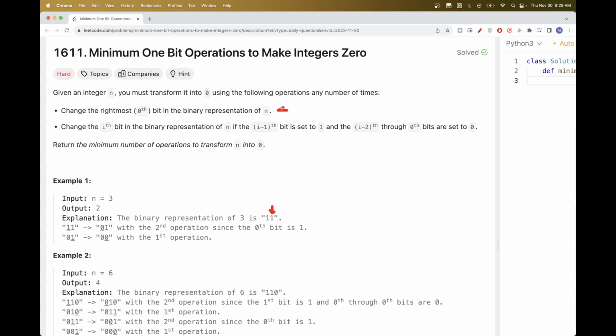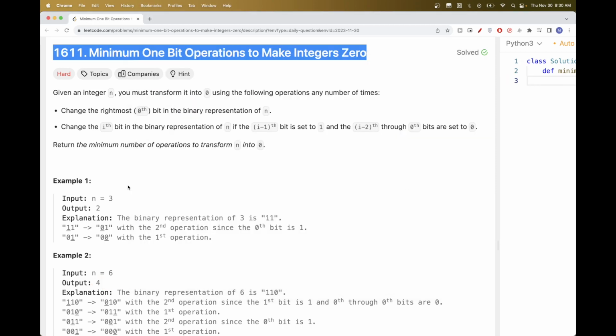The second operation is you are allowed to change the ith bit if the bit before it, remember before it is in this order, is 1 and all those before that are 0. For example, if you had 0, 1, 1, 0, 0, then you can change this one here because the one right before it is 1 and the ones before that are 0.